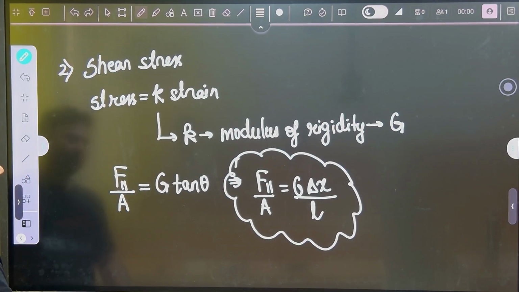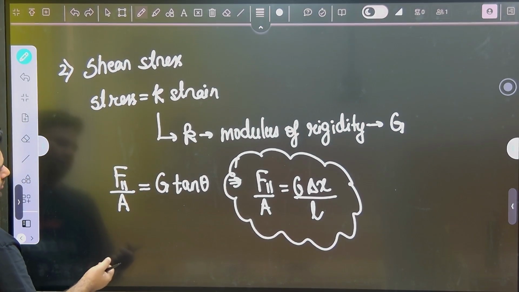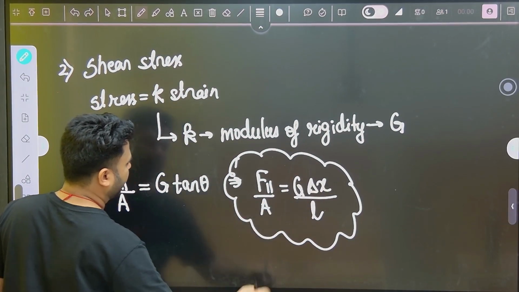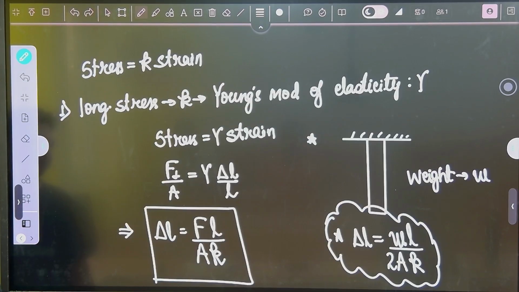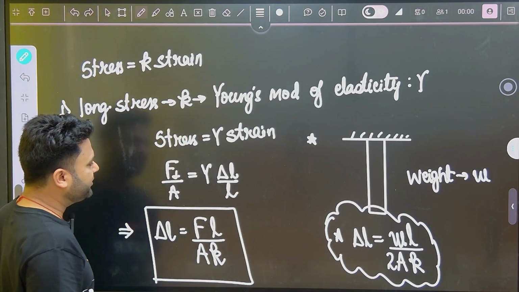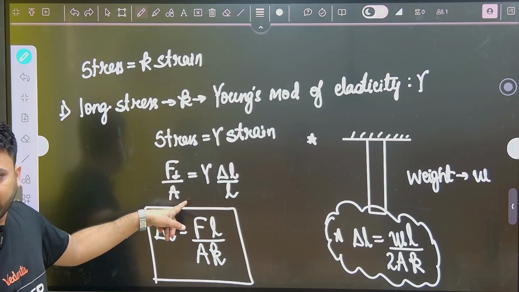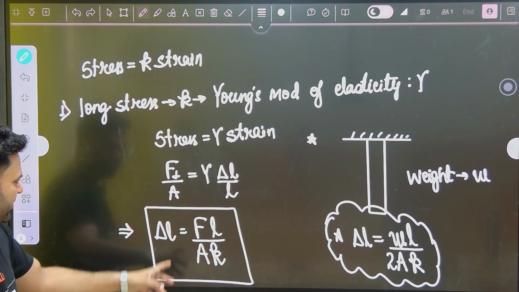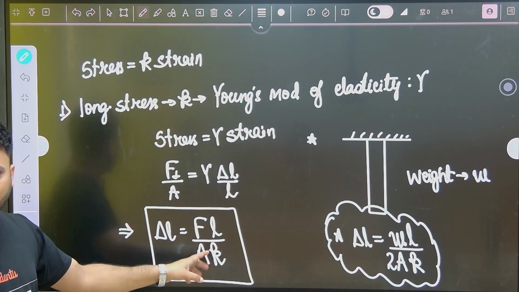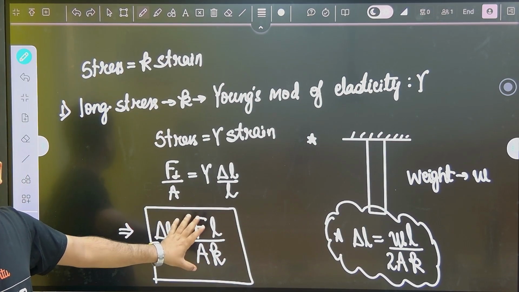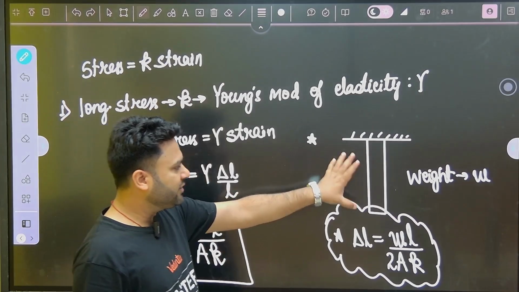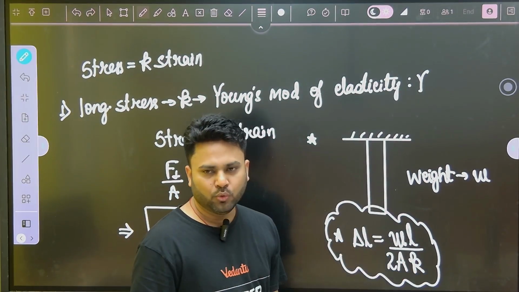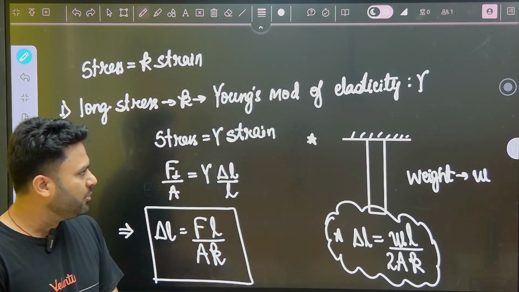For shear stress, we can write stress, force parallel to the area divided by area, equals a constant, this is G, multiplied by strain, tan theta or delta X by L. For longitudinal stress, force perpendicular to the area divided by area equals some constant, that is Young's modulus, multiplied by strain delta L by L. From here delta L is FL by AY, because they ask this formula most of the time. So directly remember this formula. Due to self weight, how much is the elongation in the rod? So WL by 2AY. All these were the important points.